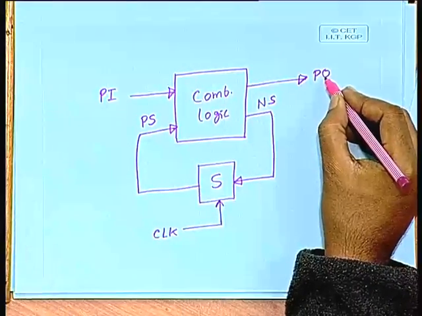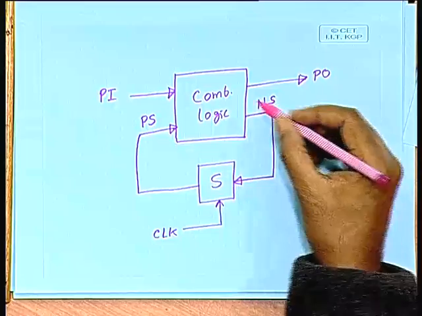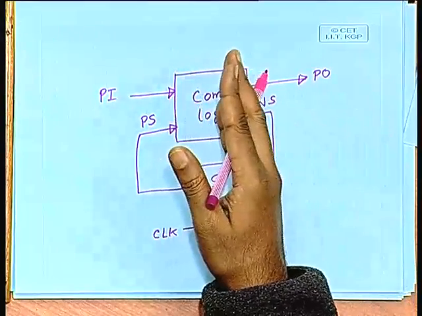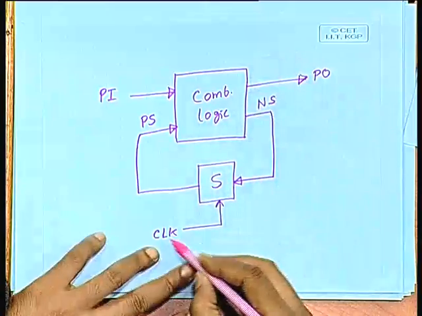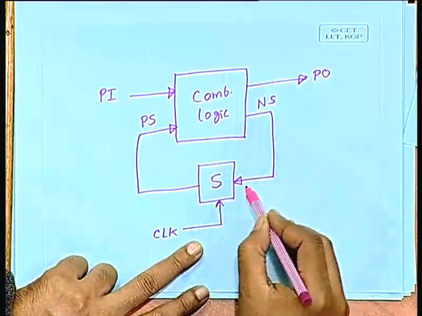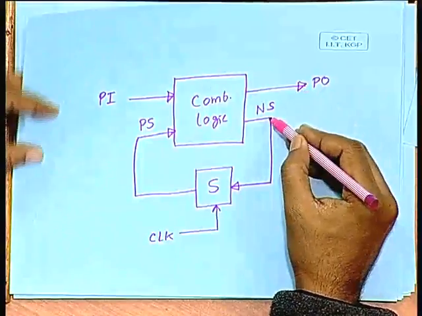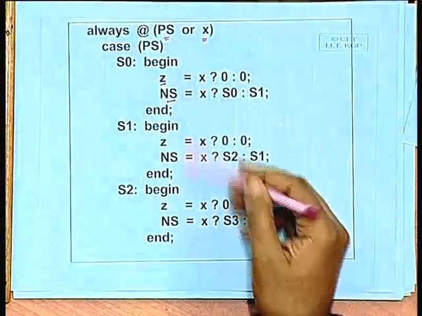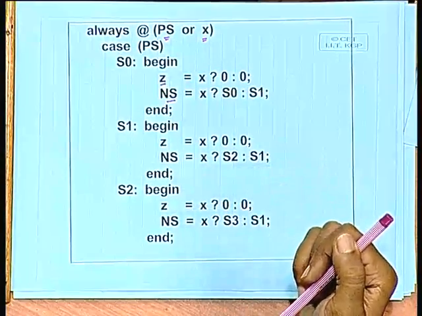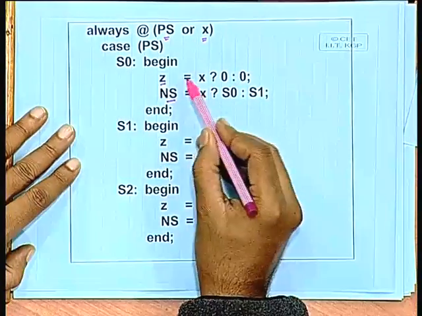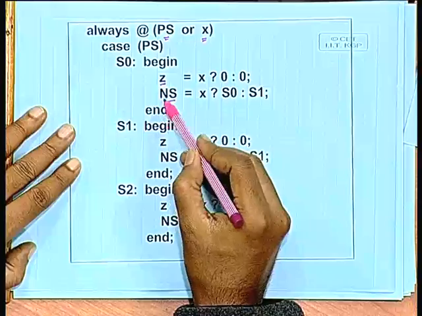Computation of primary output, computation of next state, that is purely through combinational logic, that you can compute continuously, but whenever there is a clock pulse, this ns value will come to the output of S. That is why for computing the primary output and the next state, we have used another always block. Now, in this always block, depending on the state, we are computing the primary output, we are also computing the next state.